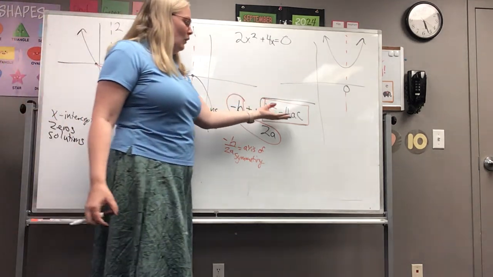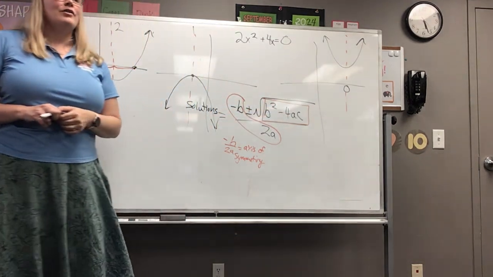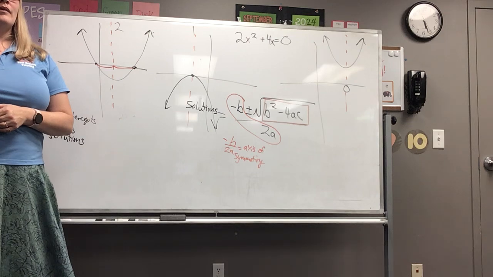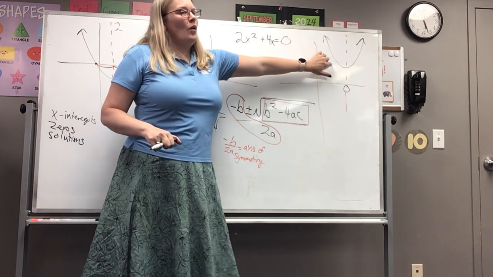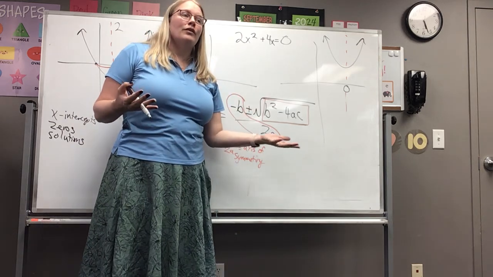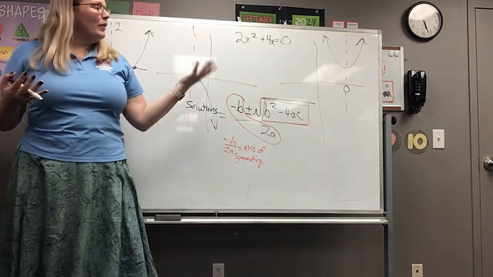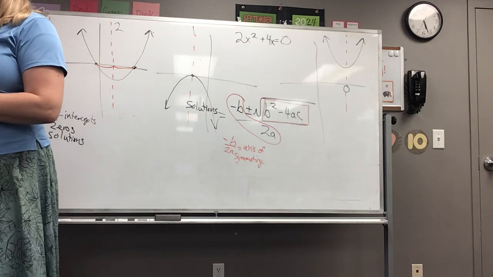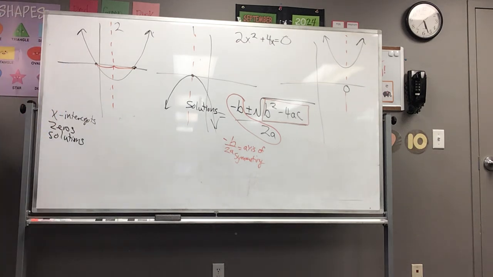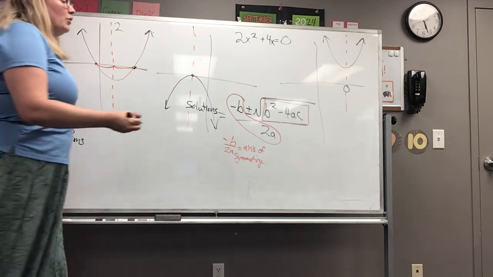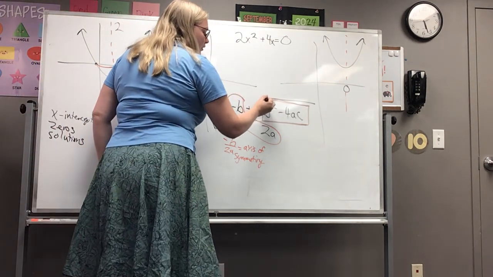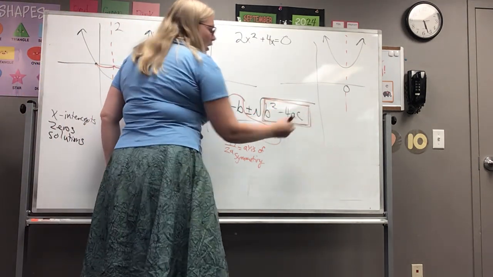And finally, what happens if this ends up being a negative number? No real solution. They're still imaginary ones, but there's no place that it is crossing that x-axis. And so, if you don't have the graph, you can look at just this part, and it's called the discriminant.